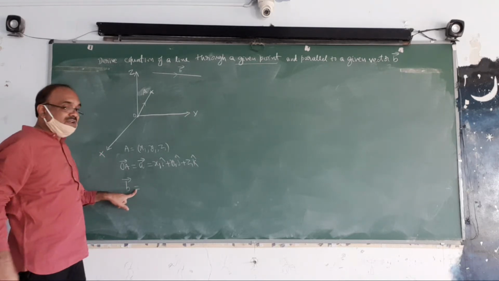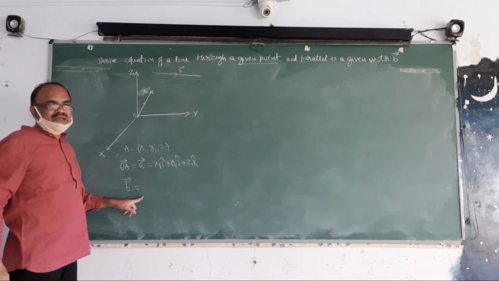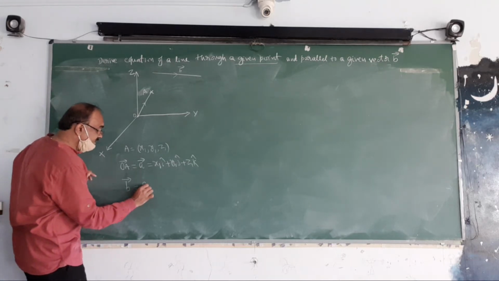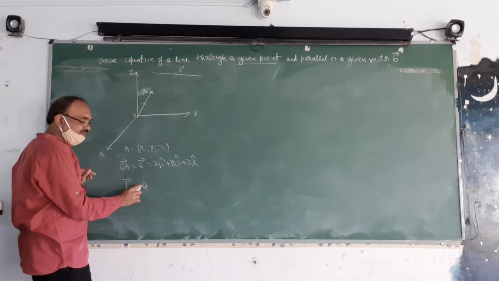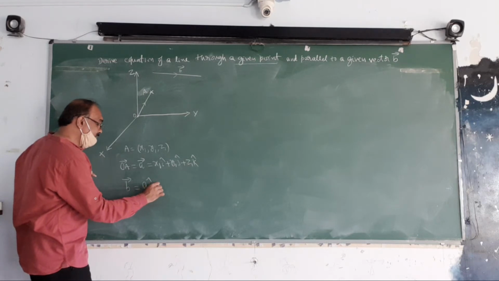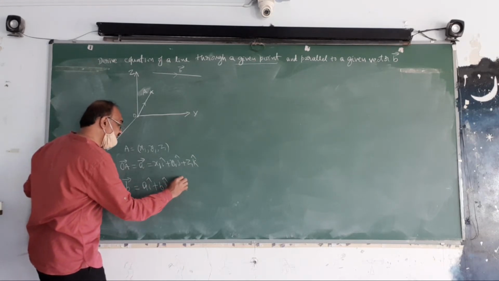At that time, generally you use the letters a, b, c here. It's a convention, you could have used anything, but here the textbook uses a. So B is a i plus b j plus c k.